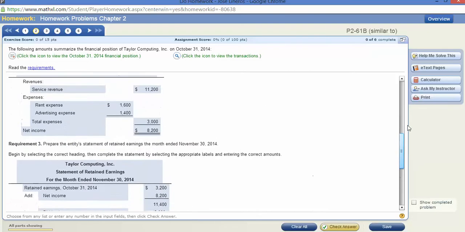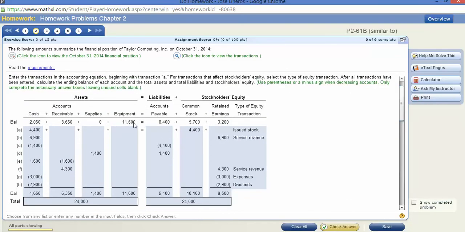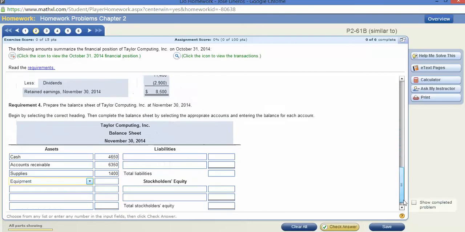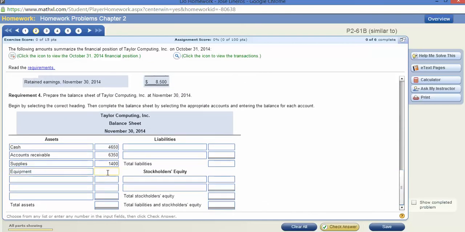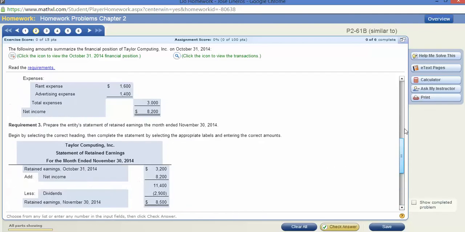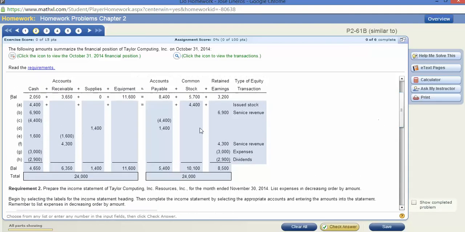And the equipment account, if you look up here, started the period at $11,600 and it remains $11,600. That is all of our assets: cash, AR, supplies, and equipment.